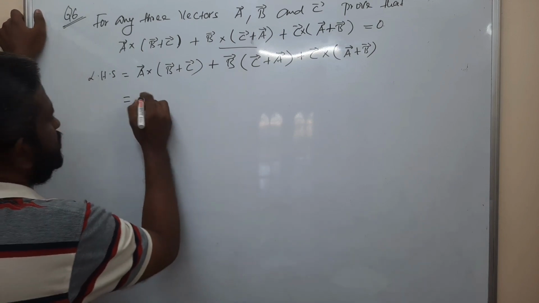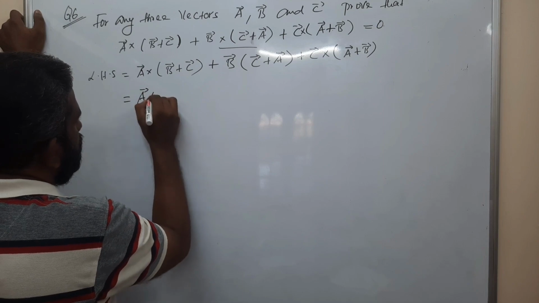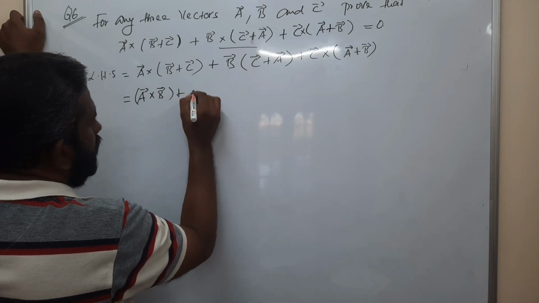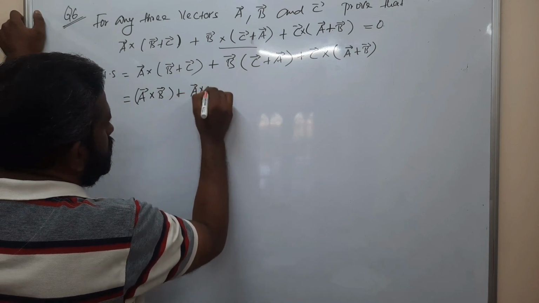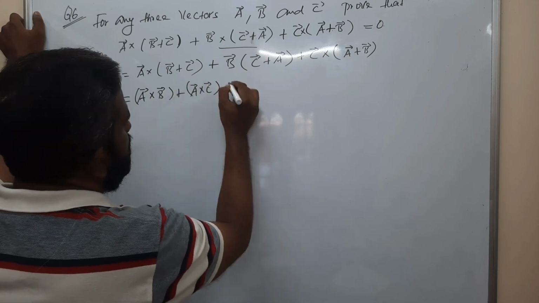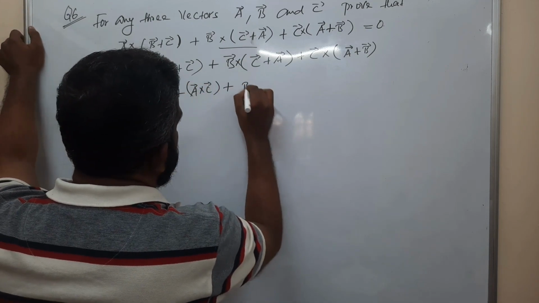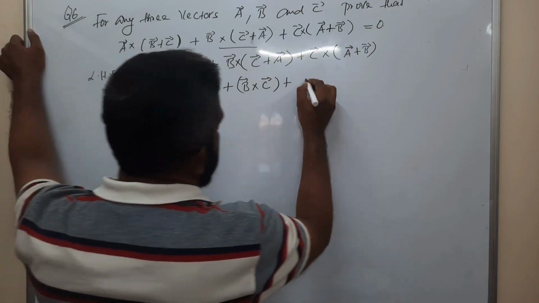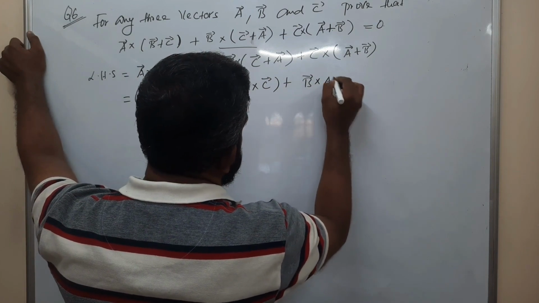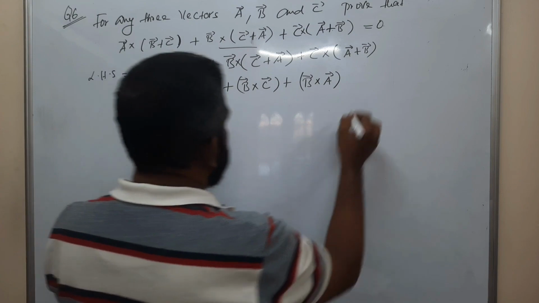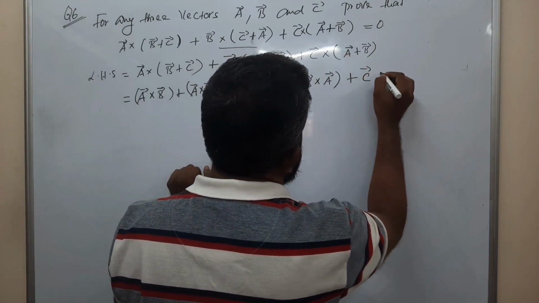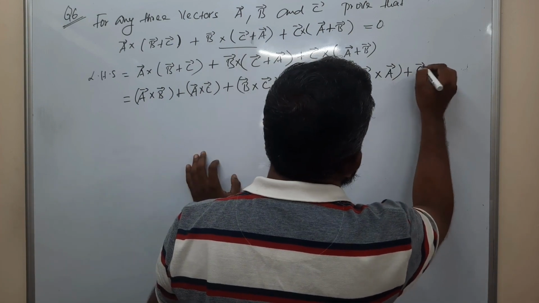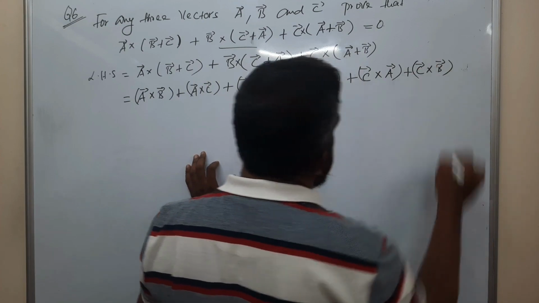Okay, so by that principle, that is A vector cross B vector plus A vector cross C vector, then plus B vector cross C vector plus B vector cross A vector, then plus C vector cross A vector plus C vector cross B vector.